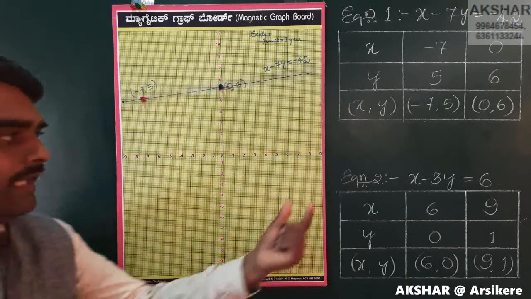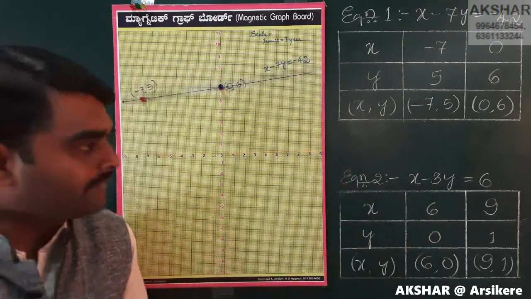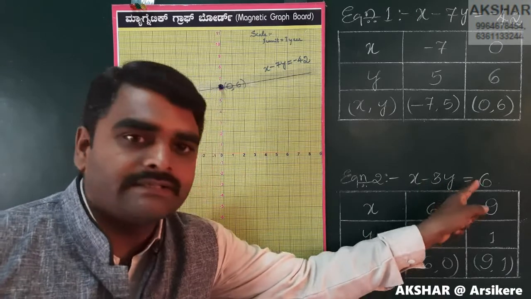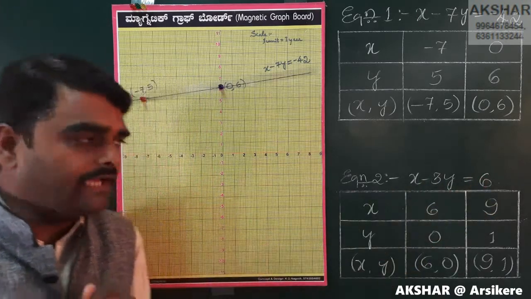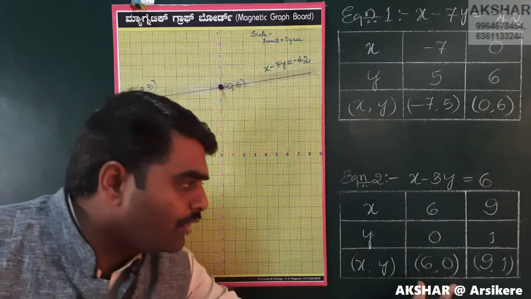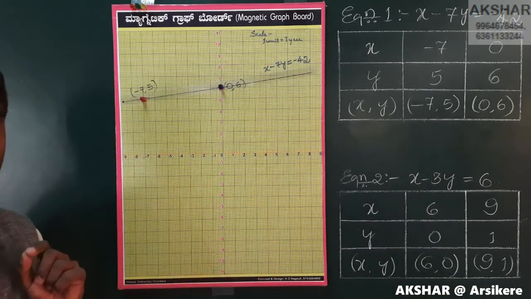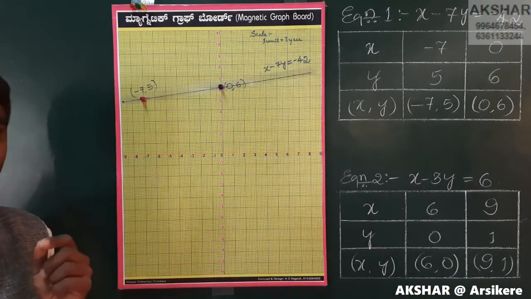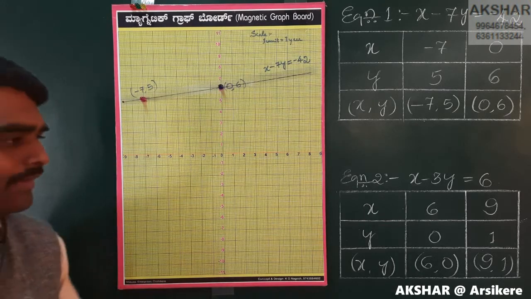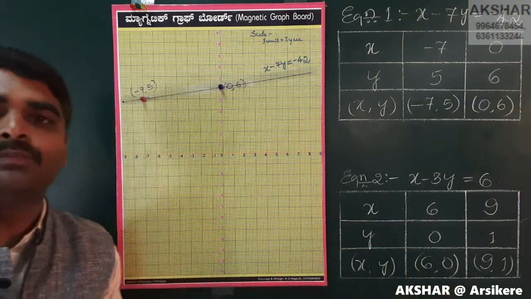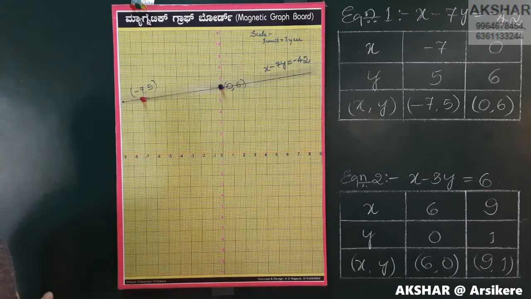Now come to equation 2. That is x minus 3y is equal to 6. Right? Yes. The coordinates are 6, 0 and 9, 1. Yes, I know you are very happy because you know very well how to plot these points on the graph. Yes, my dear children, try yourself.